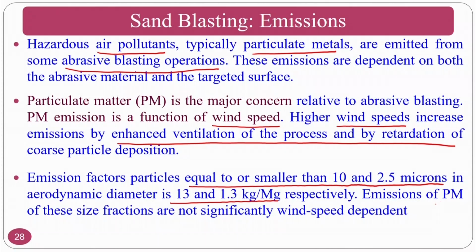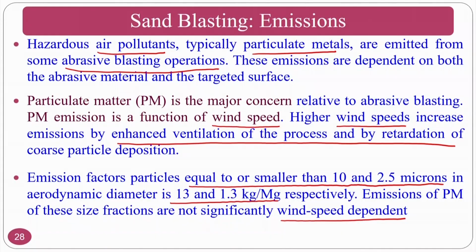Emissions of the smaller particulate sizes are not significantly wind speed dependent. There are two types of particles. Assume that if the particulate size is less than 10 microns, it can enter into the nose, no problem, but it cannot enter into the alveolar region of the operator. The alveolar region is nothing but the intricate zones of the lungs. In that circumstance, not a very big problem, but still it is a problem.